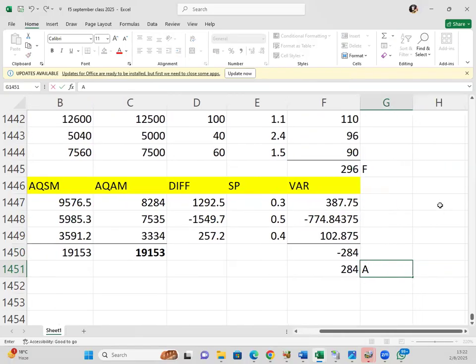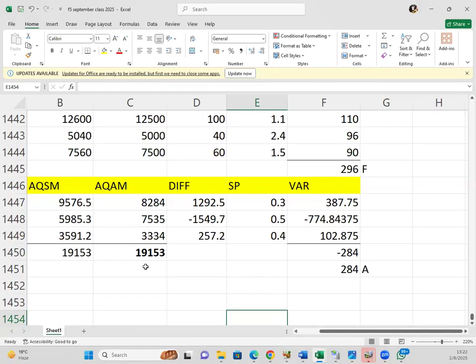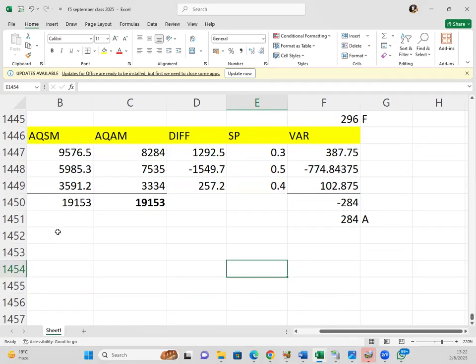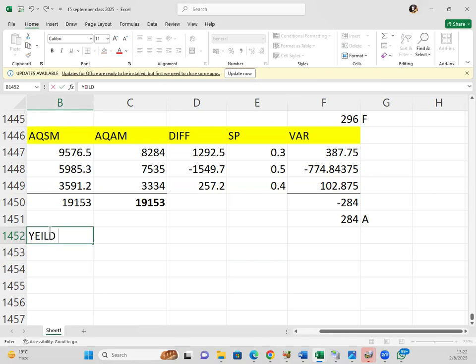So our variance is 284 adverse. Then the second question is the yield variance, but there is a loss. So we have a yield with a 10% loss.